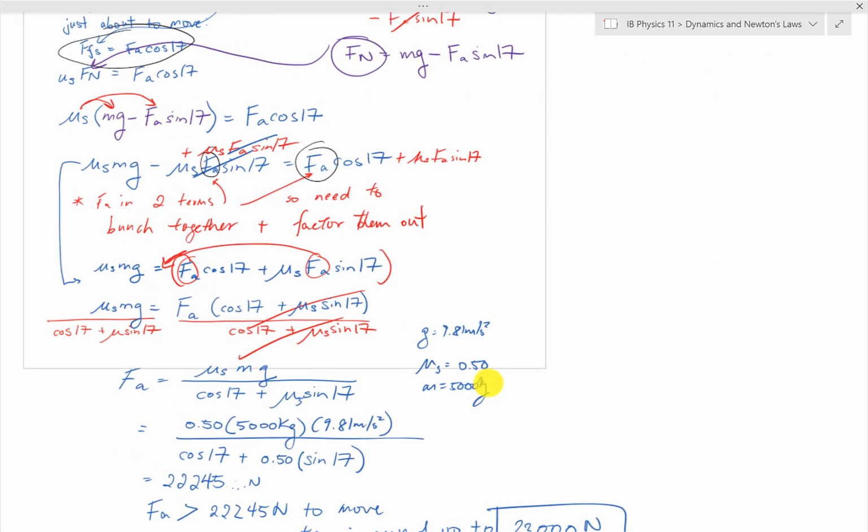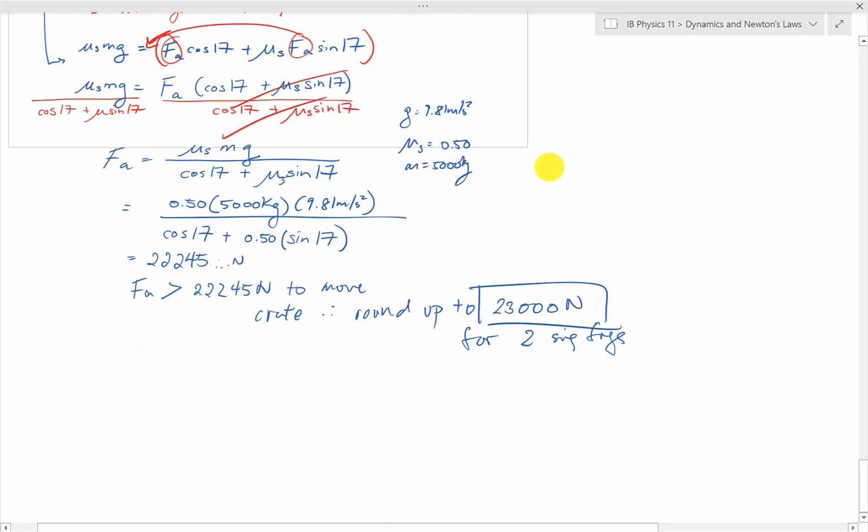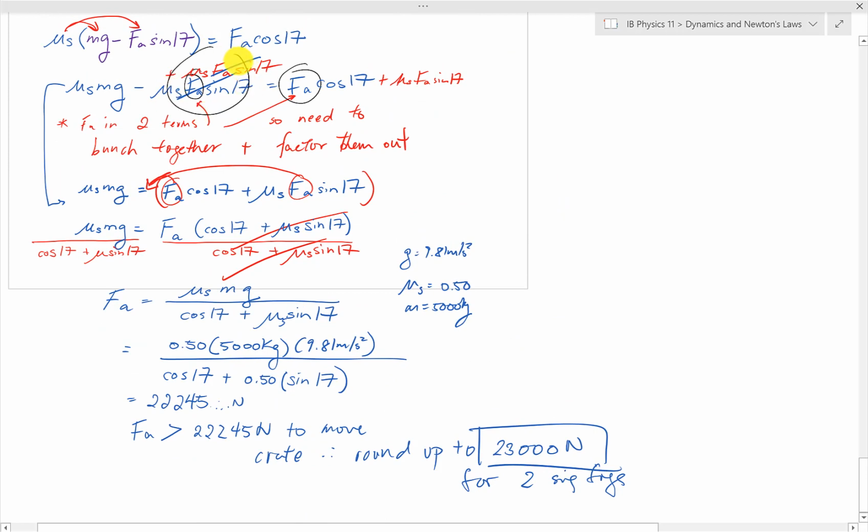In order to get them side by side, you need to put the Fa's both on the same side of the equation. So then when you put the brackets in, you can factor the Fa out of the equation, and when you have Fa times something in brackets, you can then divide both sides of the equation by whatever is beside the Fa to isolate for the Fa.